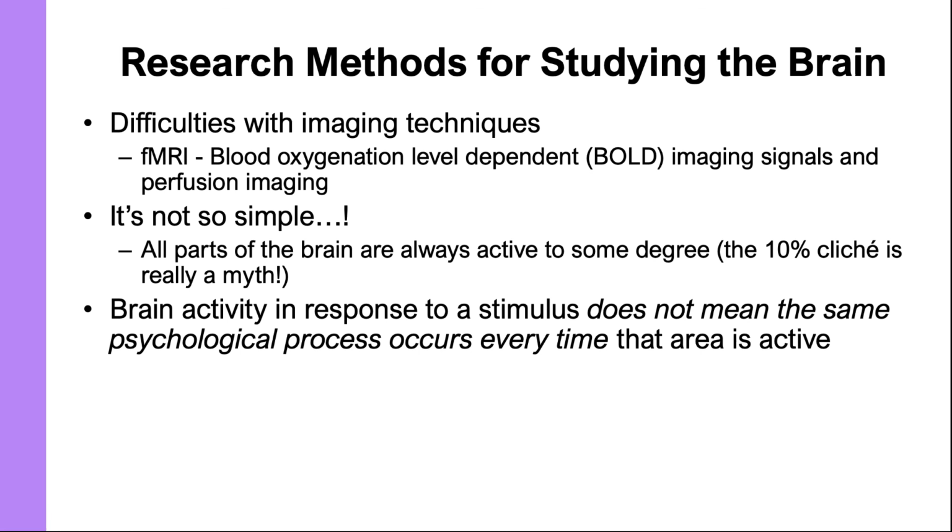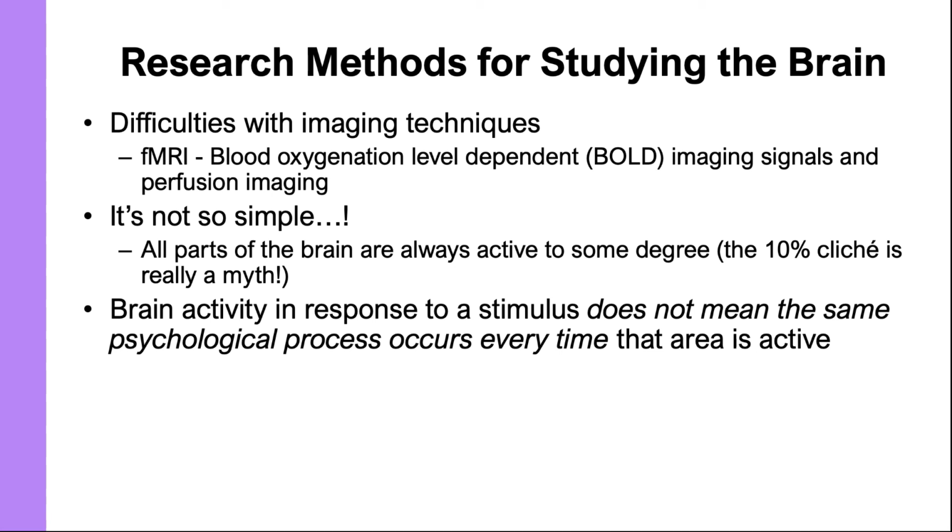Another thing is that, let's say you show that a certain part of the frontal lobe lights up or shows activity when you present individuals with some sort of emotionally arousing stimulus. Just because that part of the brain lights up when they see that stimulus doesn't mean that part of the brain is only related to emotional arousal.